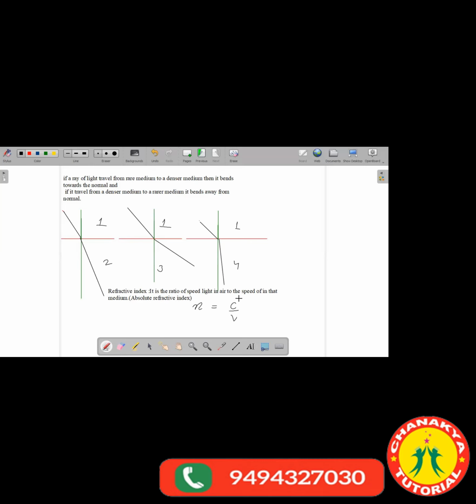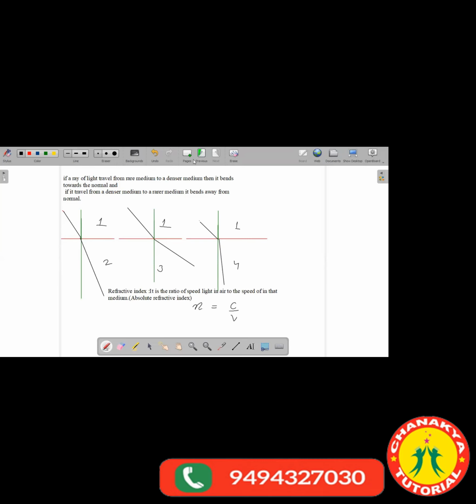Speed of light in air is 3 times 10 to the power 8 meter per second. And v is the speed of light in the given medium.